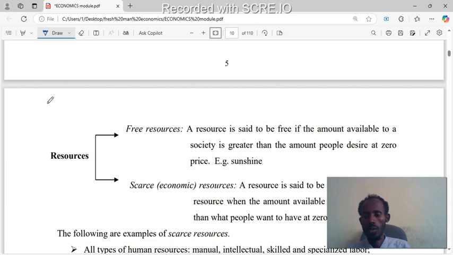Let's say X is a resource, any type of resource.